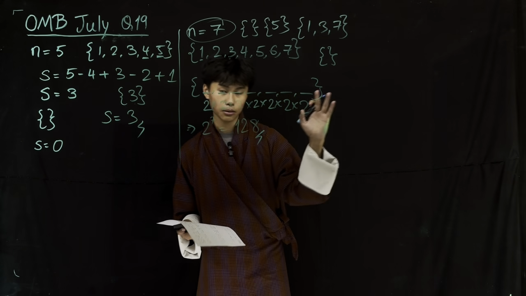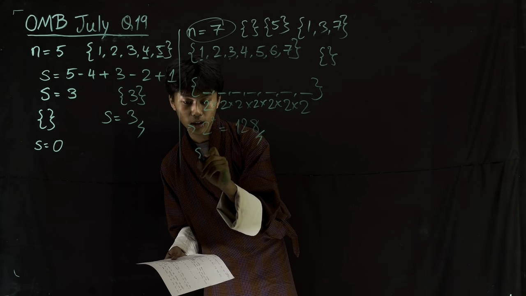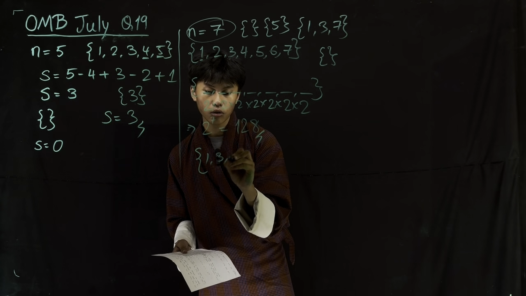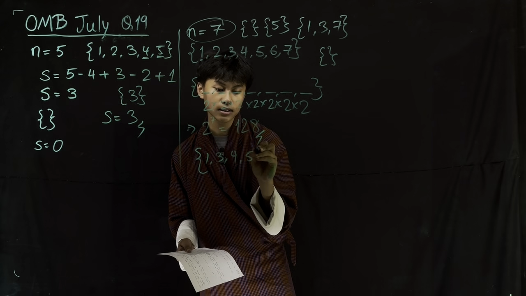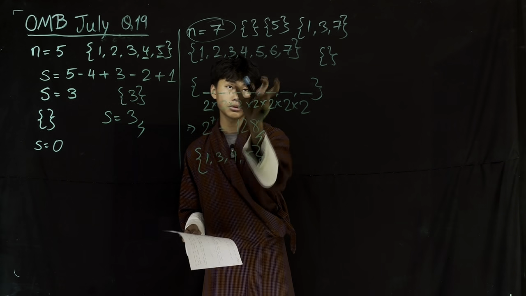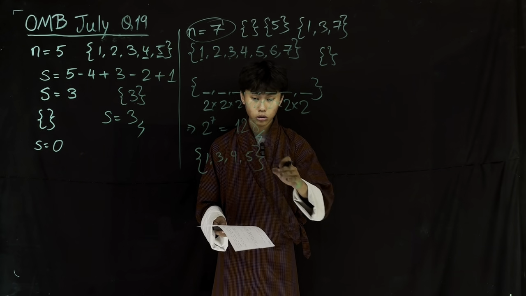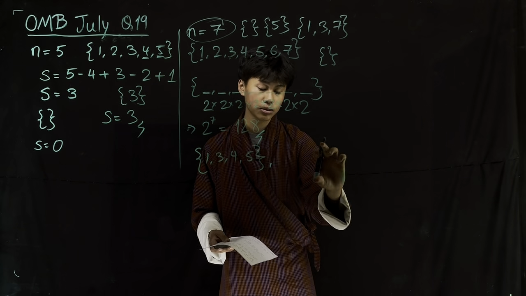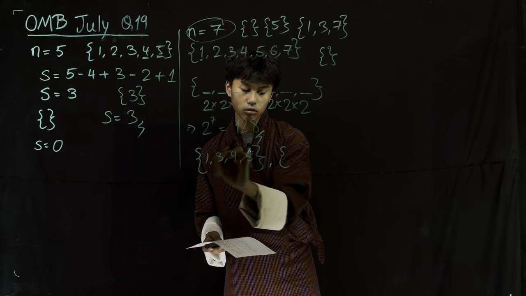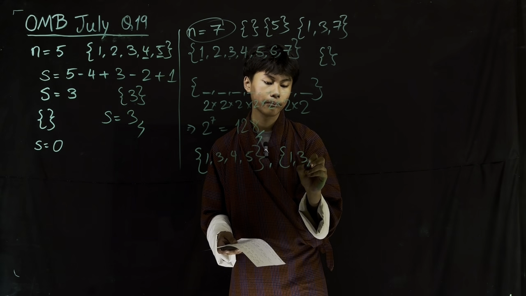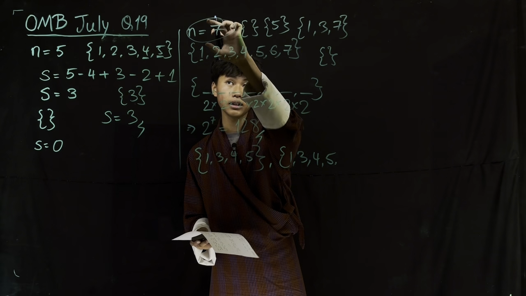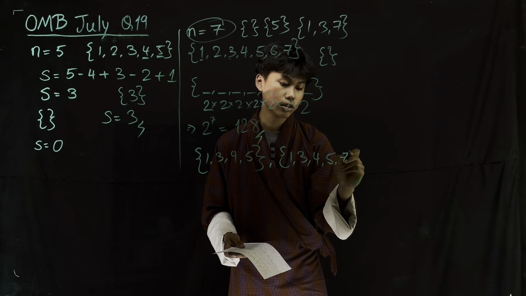So if I take any subset I want, let's say I take 1, 3, 4, 5, right? This is a subset. I created a unique subset for this set. What I can also do is create a partner for this subset by simply writing this subset again and then adding the biggest element 7 at the end.